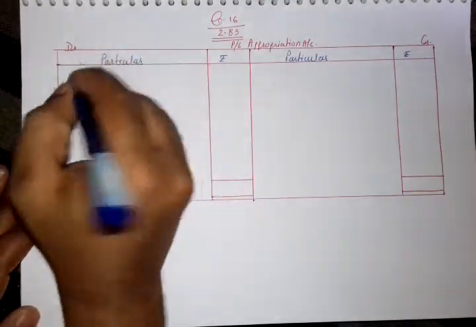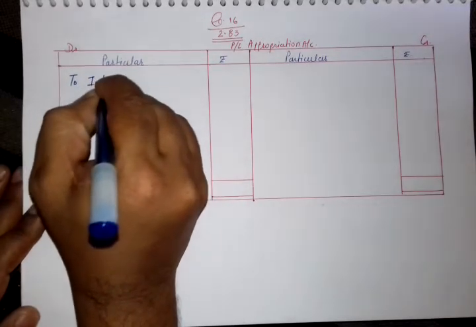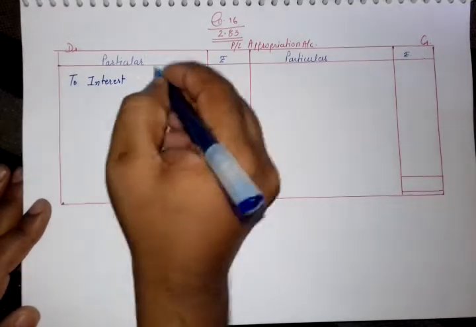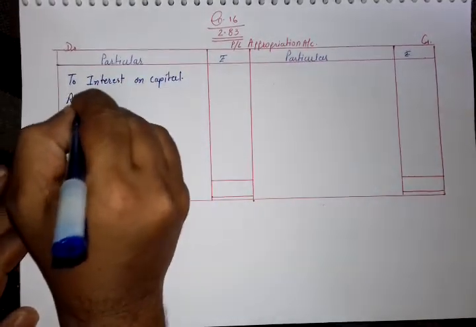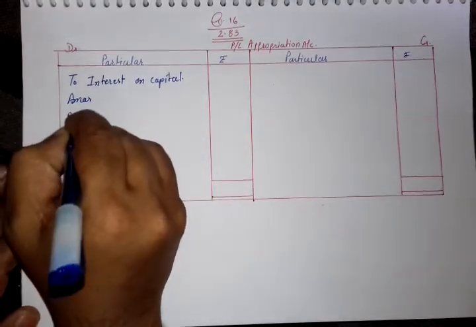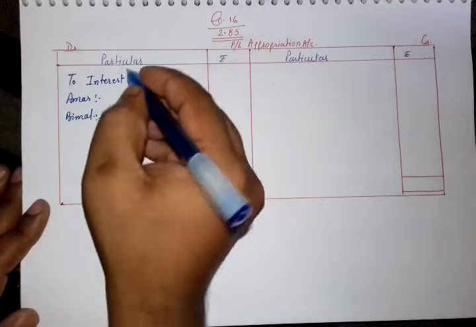On the debit side, to interest on capital: Amar and Bimal are both partners.